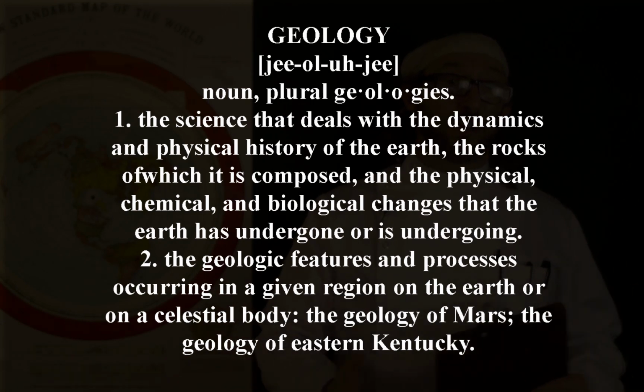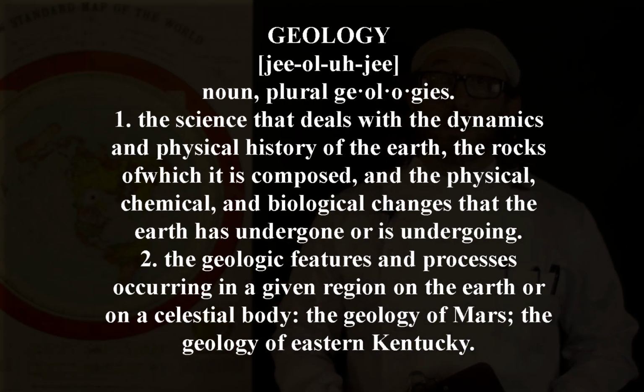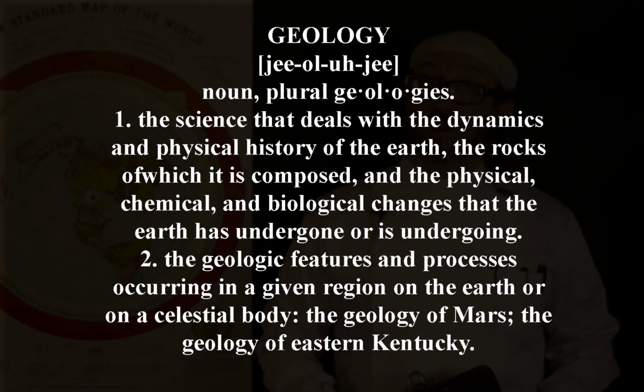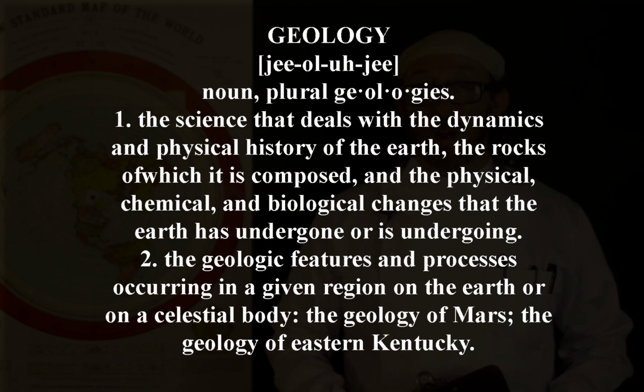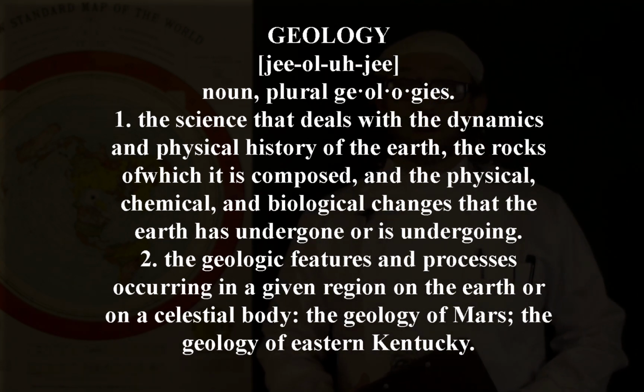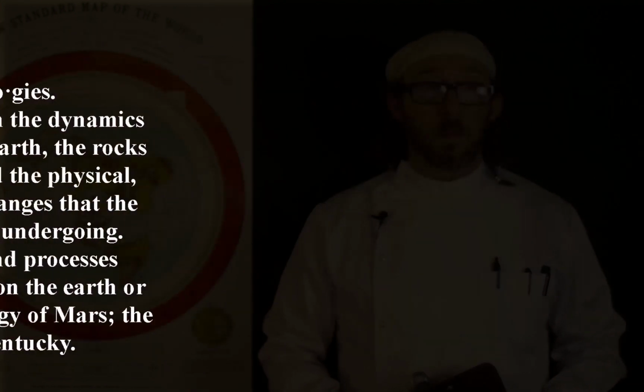Then we have geology, the science that deals with the dynamics of physical history of the earth, the rocks of which it is composed, and the physical, chemical, and biological changes that the Earth has undergone or is undergoing. The geologic features and processes occurring in a given region on the Earth or in a celestial body.